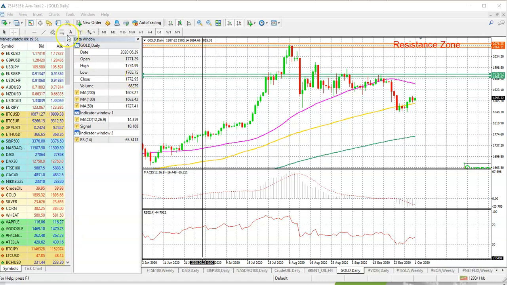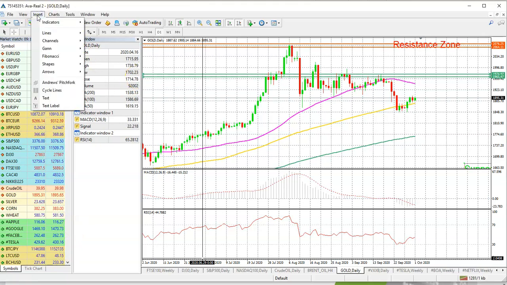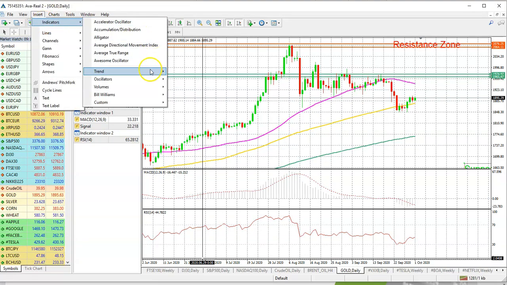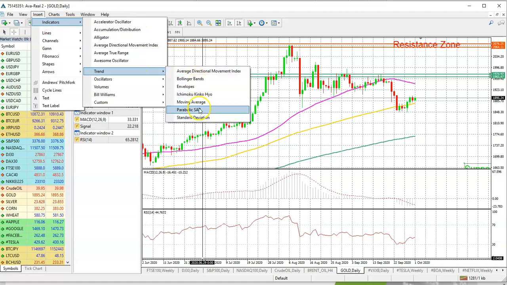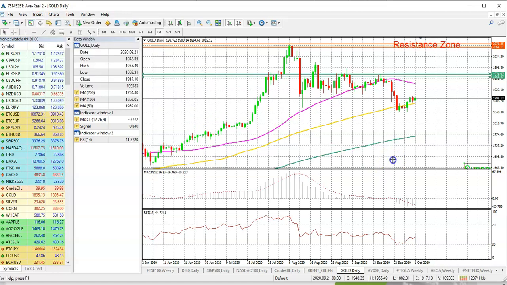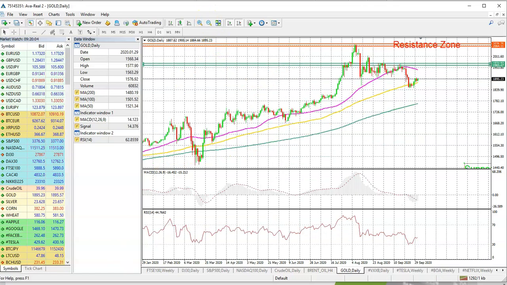Now, in order for you to put them on the chart, all you have to do is go to insert, indicators, trends, and then moving averages. This strategy to trade the moving averages is very, very simple. Let's say that the price goes above this moving average, like how it did right over here.